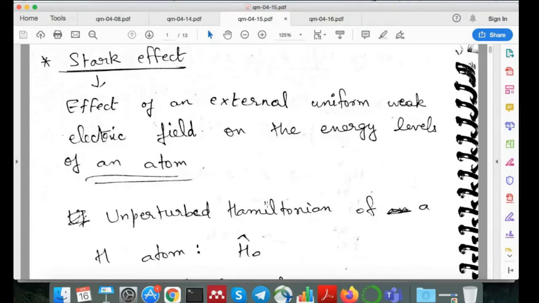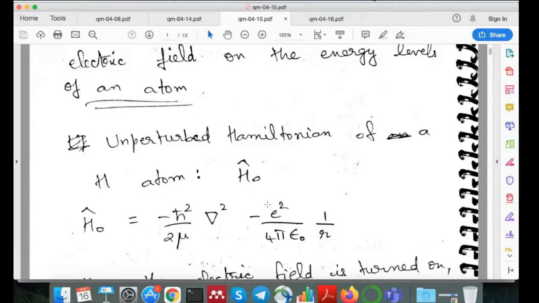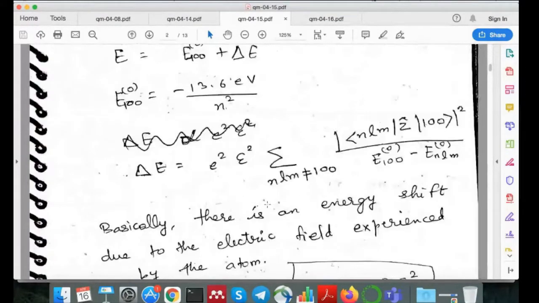So if an atom, for example a hydrogen atom, is in the presence of an electric field, then there will be an extra energy associated with the electric field. Apart from the energy of the hydrogen atom, you will have some extra energy delta E, and that energy delta E is going to be proportional to the square of the electric field. That is what we saw yesterday, right?